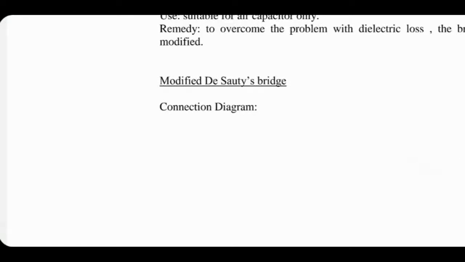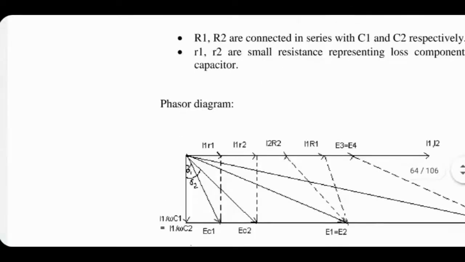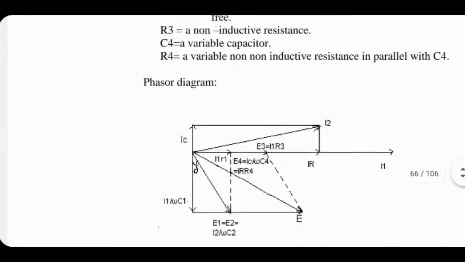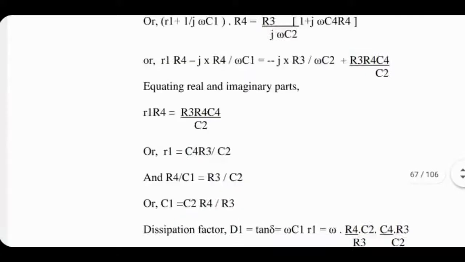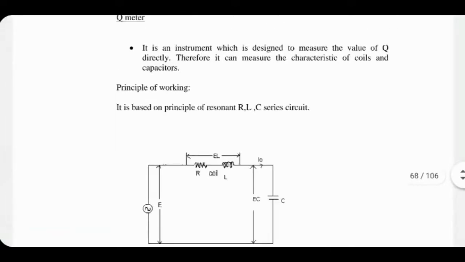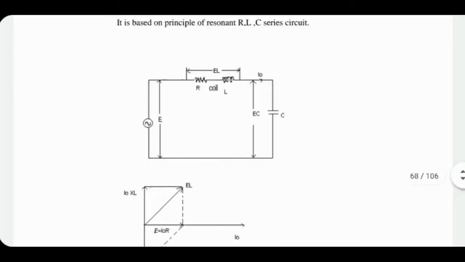Another one is the De Sauty bridge, I don't even remember much about it, but yeah, it's there. The info is there. A lot of AC measurement techniques are around. Q, you may recall, is a quality factor that is measured in RLC circuits. Methods are available to measure that also.